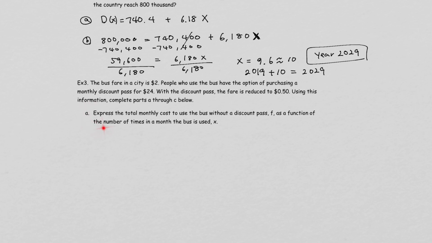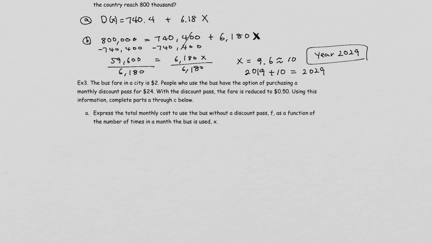Part A is asking to build the equation for the discount one. Part B is on the next page, but you need to build the equation for the first case. And then I guess part C is going to ask for when those two are going to be equal. So let me answer A here and then go to the next page.